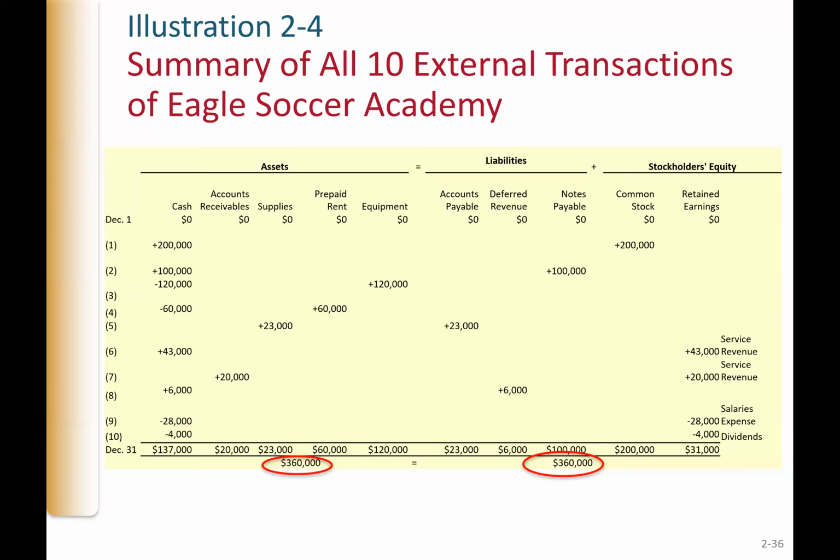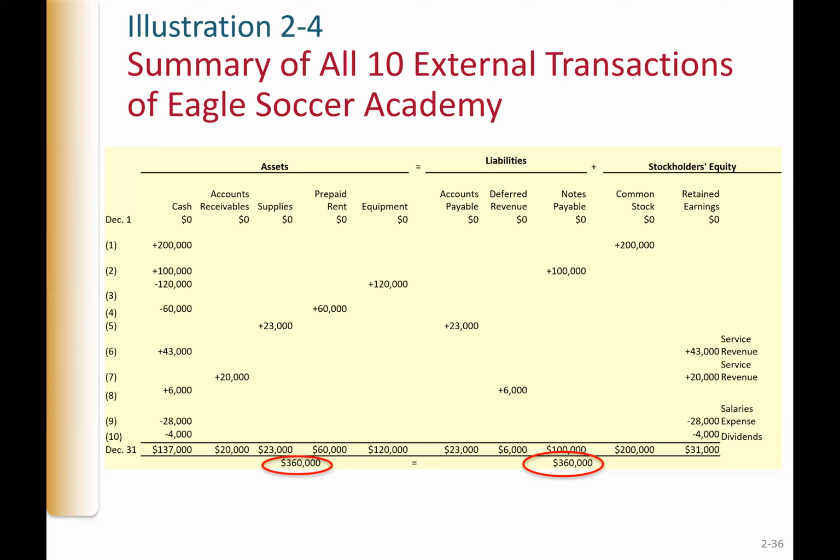And we know stockholders' equity contains the common stock plus retained earnings. And we know retained earnings consists of revenues, increase retained earnings, expenses, decrease retained earnings, and dividends decrease retained earnings.